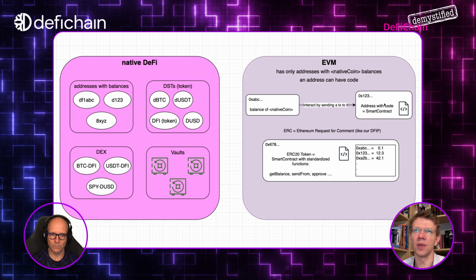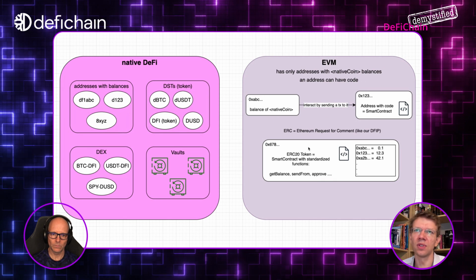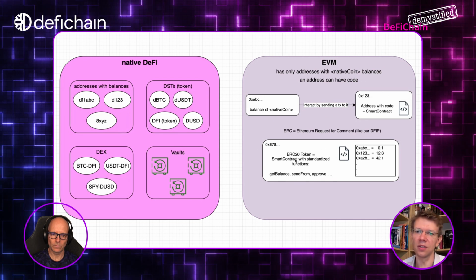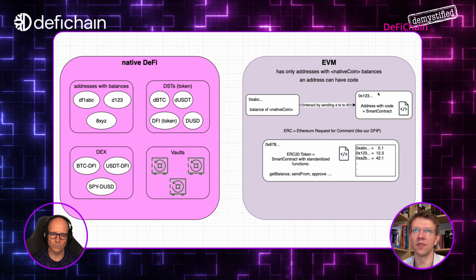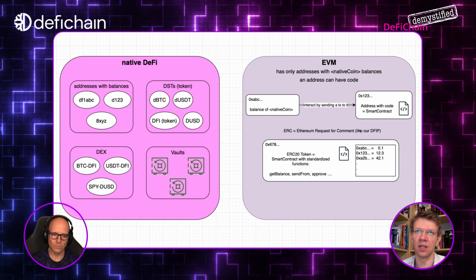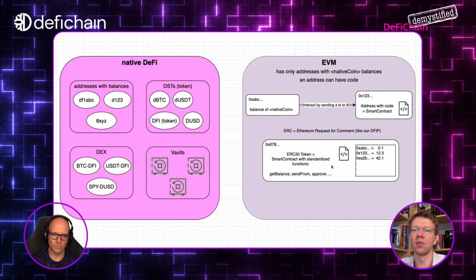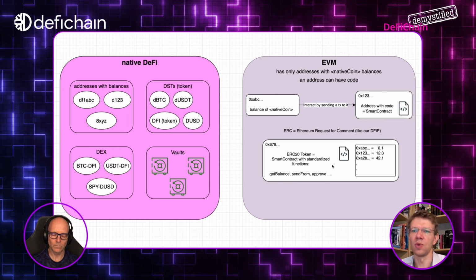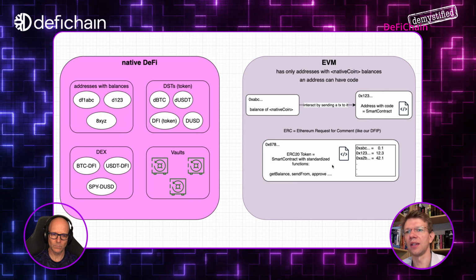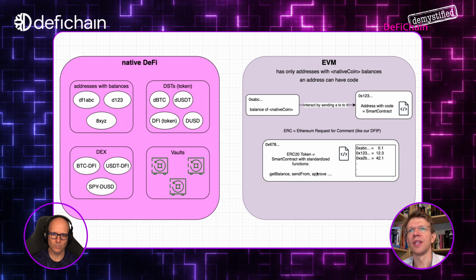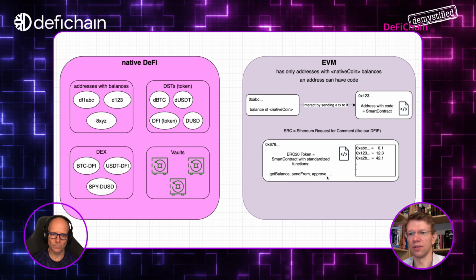Here, the DEX smart contract has generally no rights to tell the USDD smart contract to change the balance, because if it could, everybody could take funds from my account, and we don't want that. So the solution is that they invented this approve method.